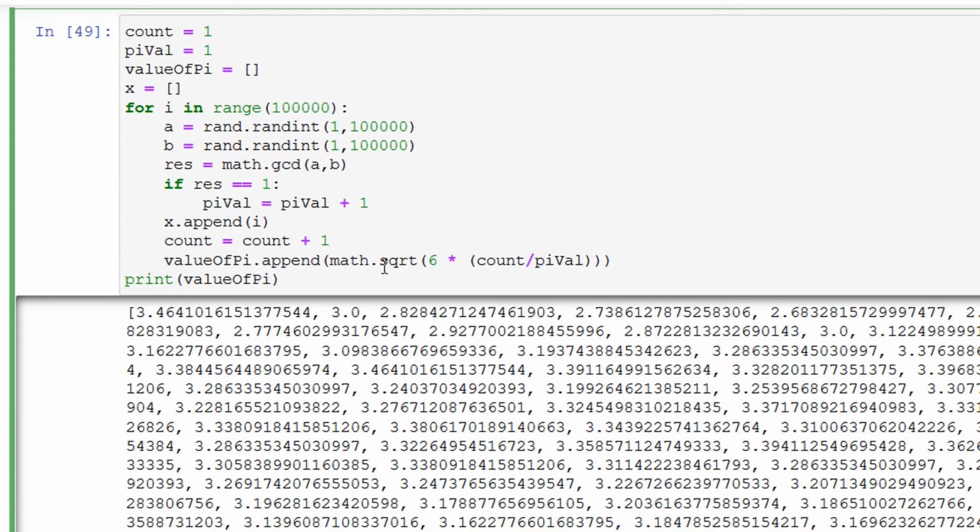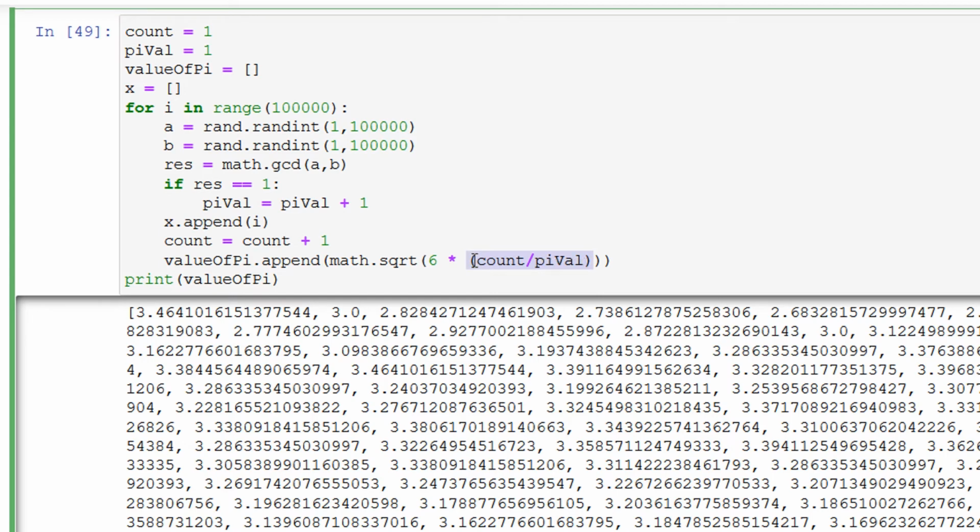From the probability of two numbers being co-prime, if we want to calculate the value of pi, we will have to take the reciprocal of the probability. That's the count divided by pi val, not pi val divided by count.